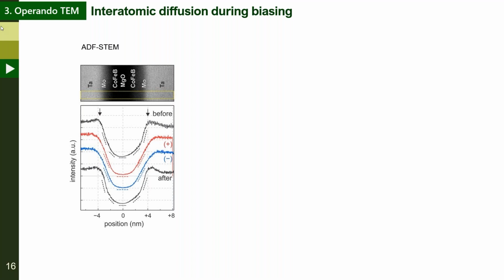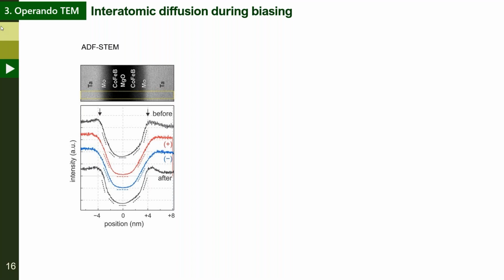Upon applying the constant current, two changes occur in the intensity line profile across this ADF STEM image. First, the strain contrast between the tantalum and molybdenum disappears, which indicates a relaxation happening in this structure when we apply a bias.